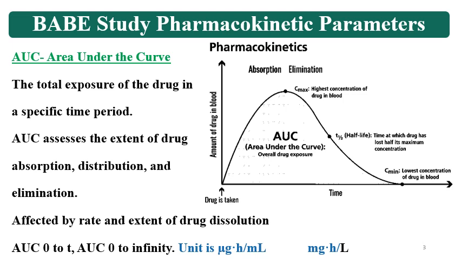Now in bioequivalence studies, the AUC is calculated from the drug concentrations after blood sampling. So you have given a tablet to the patient and you keep on taking blood samples to understand the drug concentration in the blood.